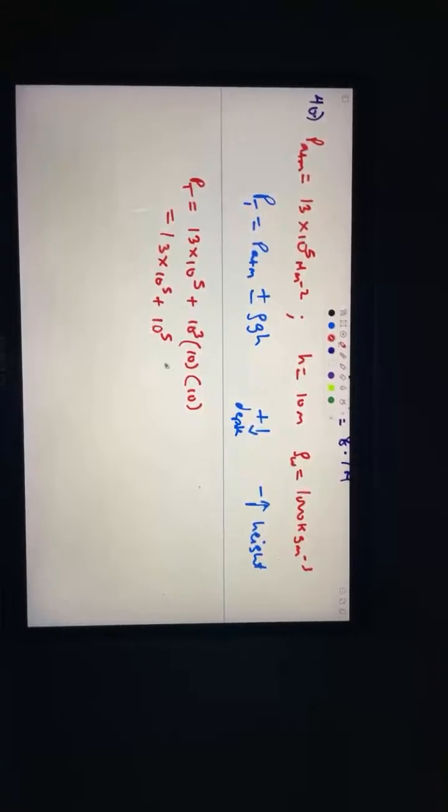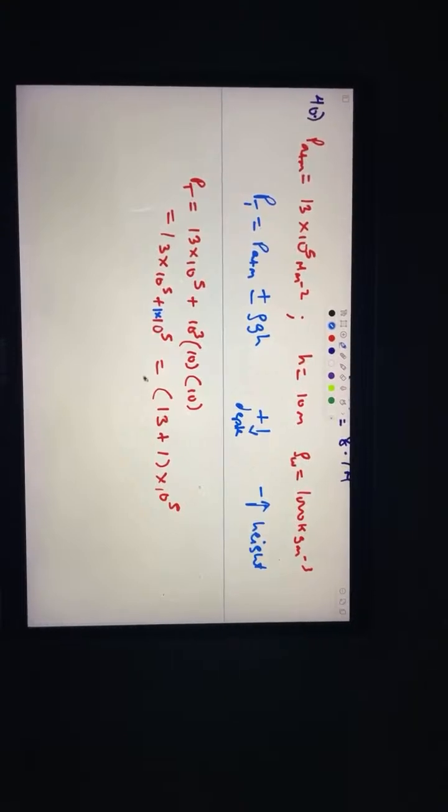Basically 10 raised to power 5 is common, so that will be 13 plus 1 times 10 raised to power 5. I can write this 10 raised to power 5 as 1 times 10 raised to power 5. It doesn't change anything. If you want to add stuff like this, you make sure they have the same exponent of 10.